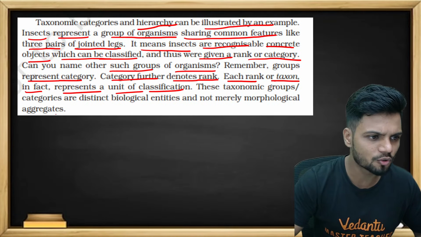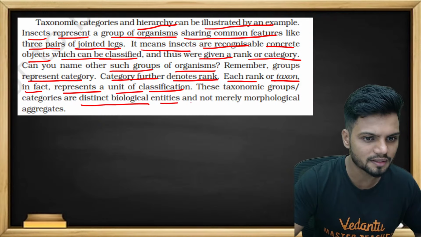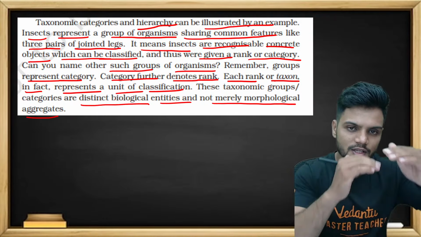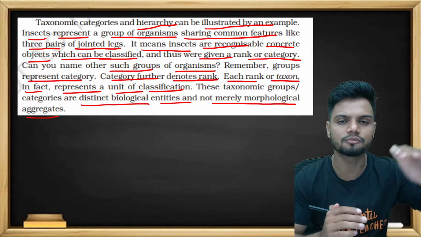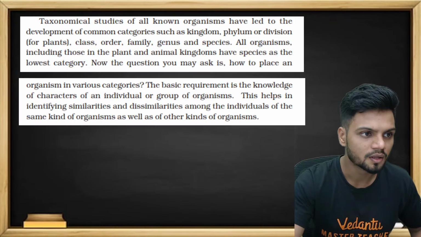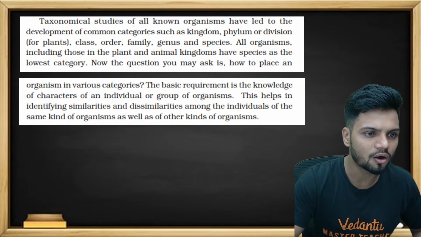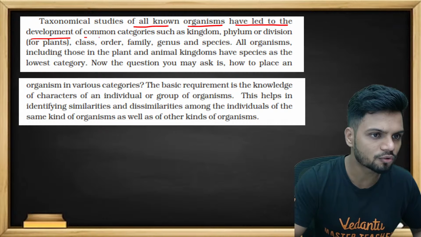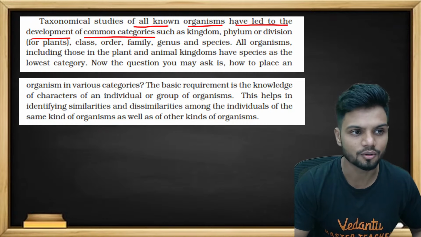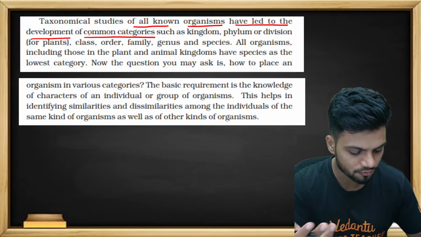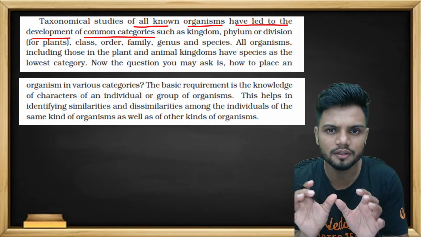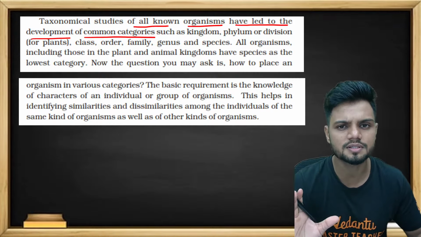Now these taxonomic groups are distinct biological entities and not merely morphological aggregates. Meaning, each one represents something, they are not just based on morphological features. Now, taxonomical studies of all known organisms have led to the development of common categories. If you do enough studies, you will realize every single rank will have one or a few common features.